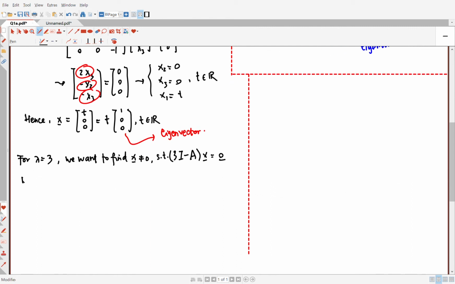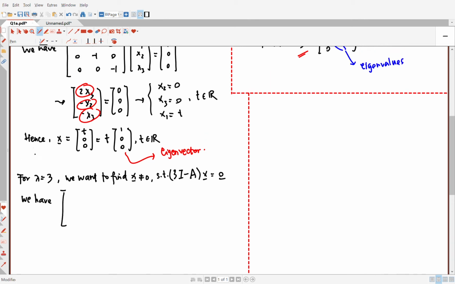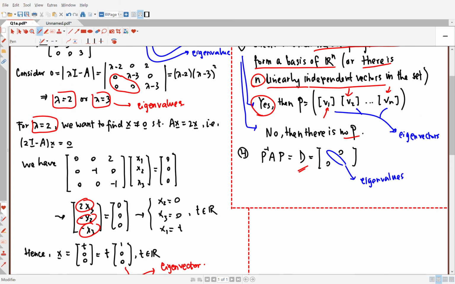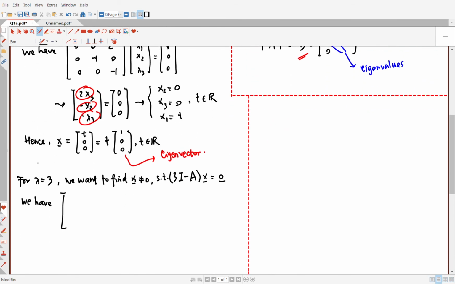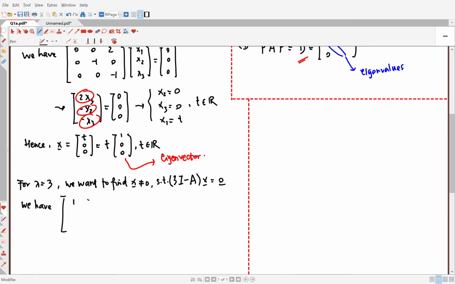So 3I minus A will be 1, 0, 2, 0, 0, 0, 0, 0, 0, multiplied by x1, x2, x3, equal to 0, 0, 0.